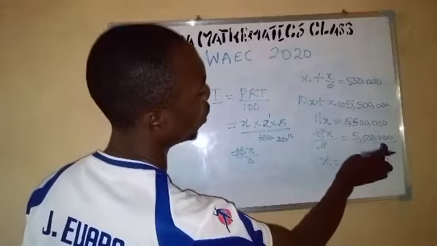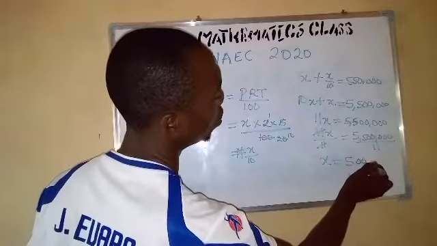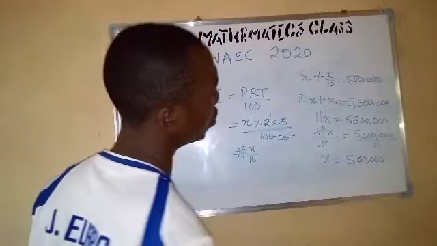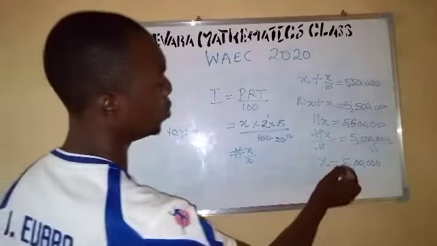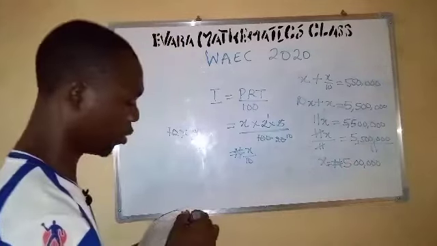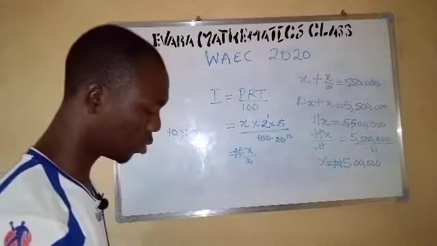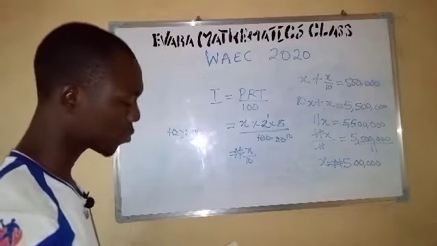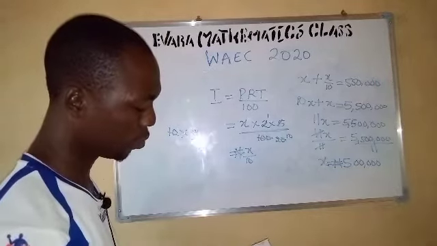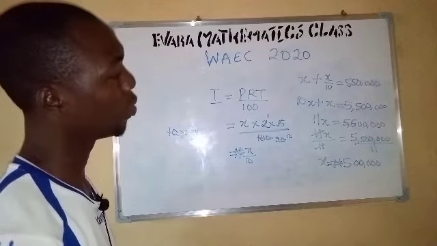If I divide 55 by 11, it will give me 5,000,000. So we can see now that the principal that was saved was 500,000 naira.